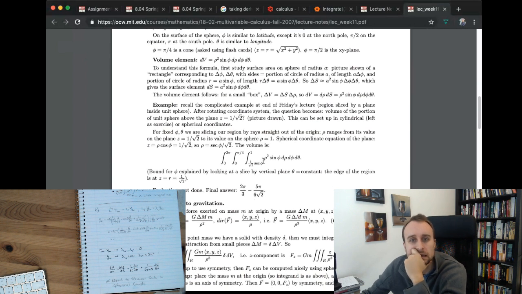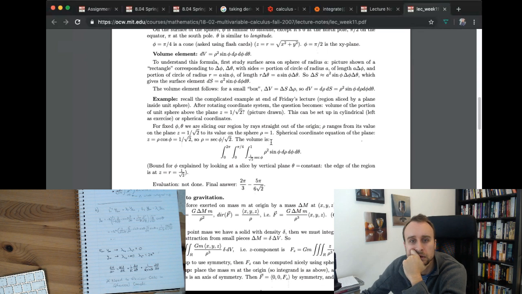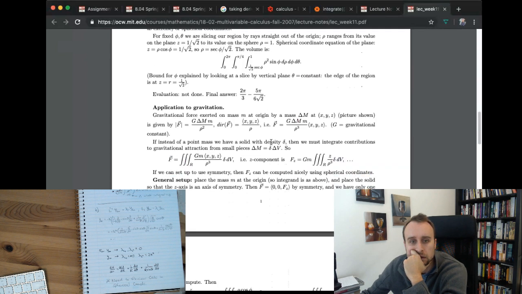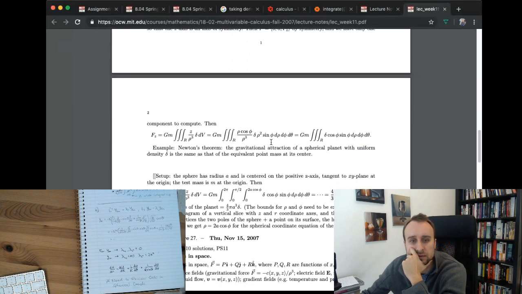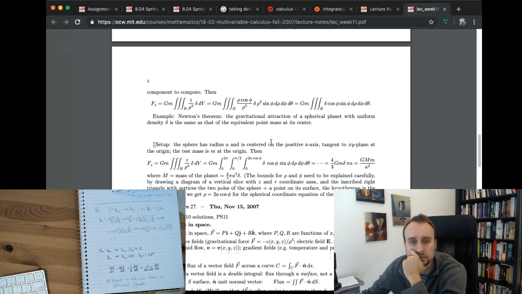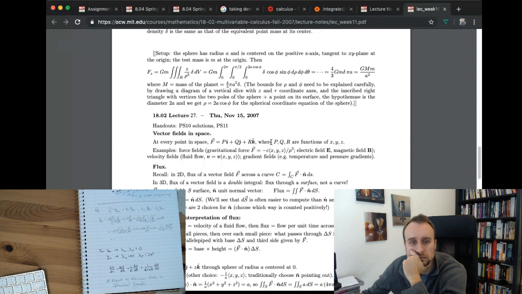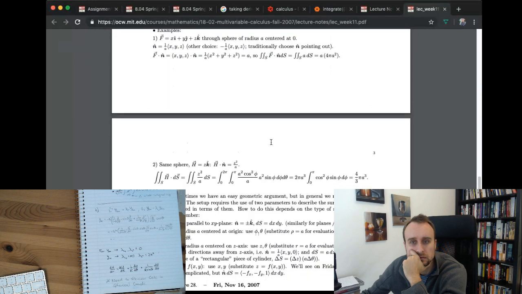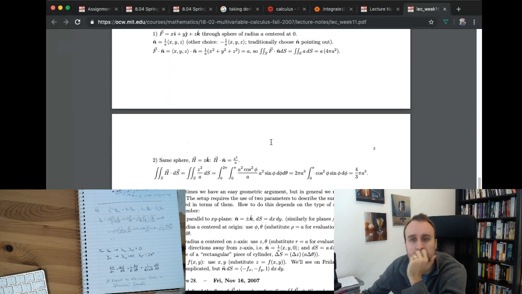Because this is what I understood from the notes. This makes sense for the integral.